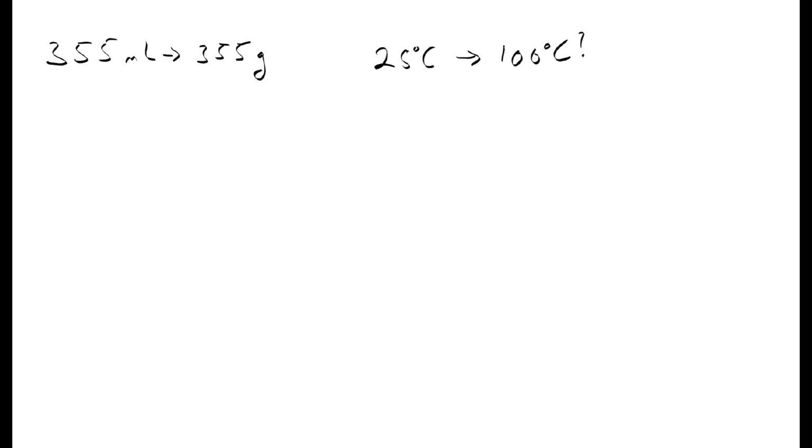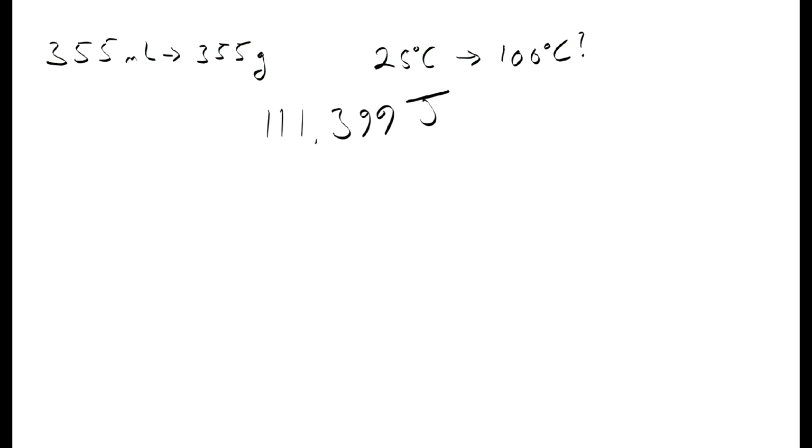And now to give you another example, a cup of water, or about 355 milliliters, or about 355 grams. How much energy would it take to raise that from 25 degrees Celsius to boiling? That is 111,399 joules of energy.